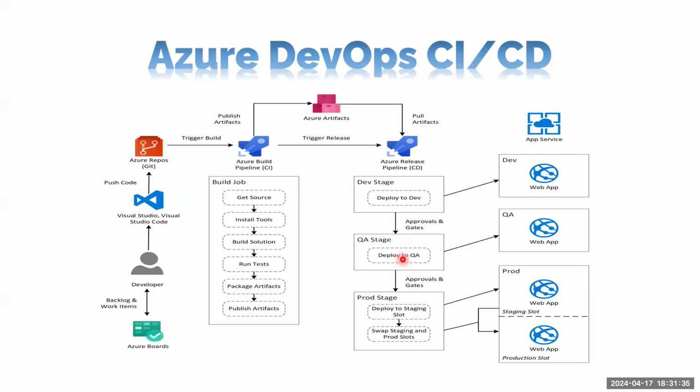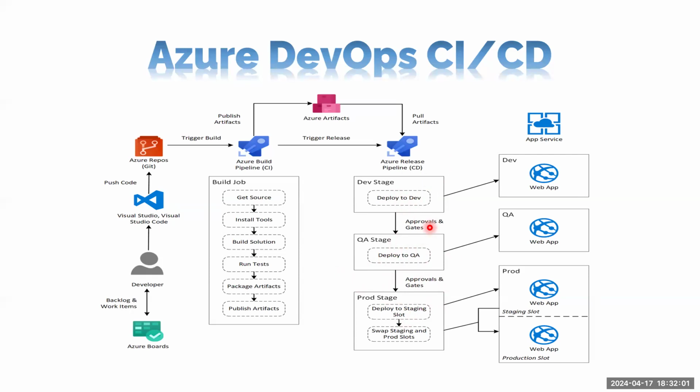Then if no vulnerabilities or bugs are detected, we are ready to release our changes to production. In a usual case, there might be a separate environment in between, called user acceptance testing, where the developer implements the code and quality assurance tests the code.